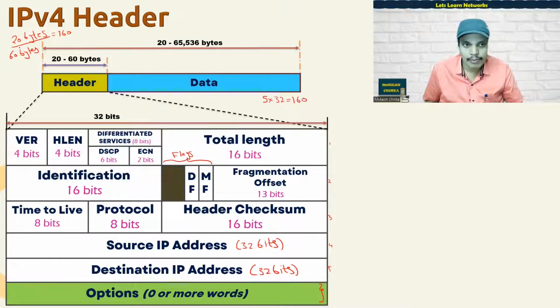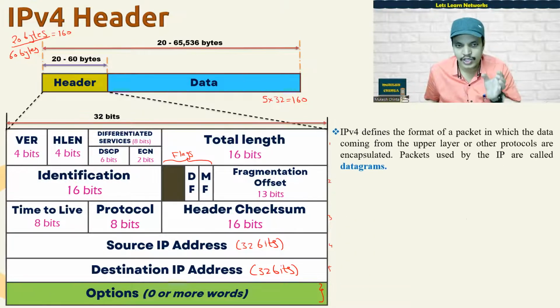So your minimum 20 byte header consists of all these fields which are marked in white. The options field is followed by the data field. They are optional. You might have data or you might not have data. You might have options or you might not have options. We will discuss each one of these fields in detail, and what work it does.